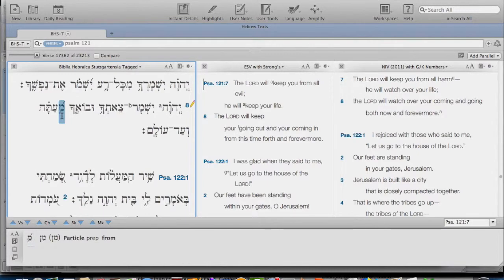Then the last piece, we have two prepositional phrases. But what's interesting about this is the first is a preposition min again, but its object is actually an adverb that means now. So we have a temporal idea.